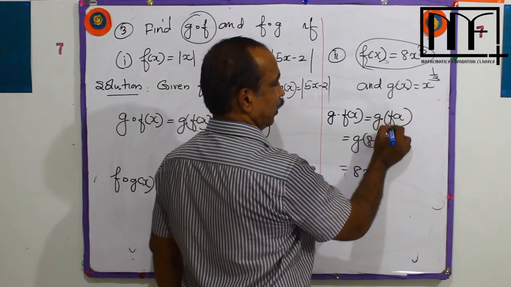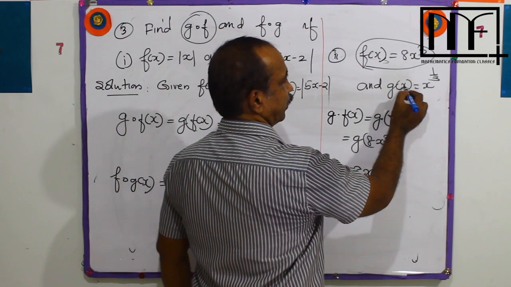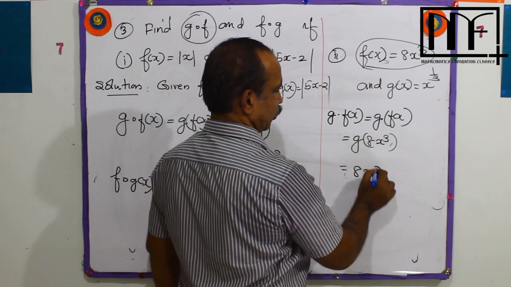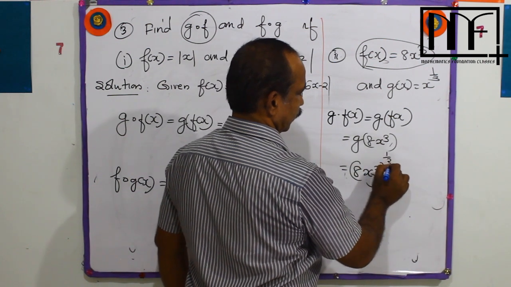You know that g of x is x raised to 1 by 3. In place of x we have 8x cube, so 8x cube raised to 1 by 3.